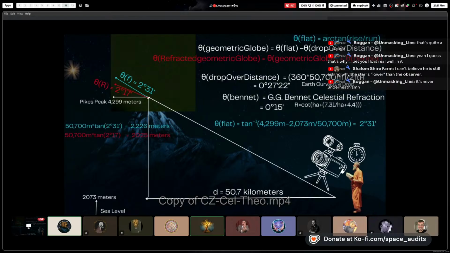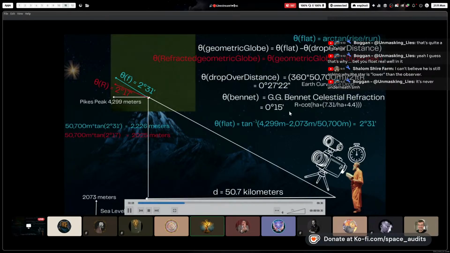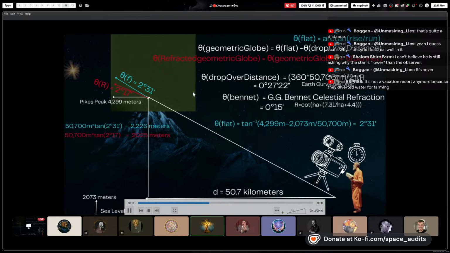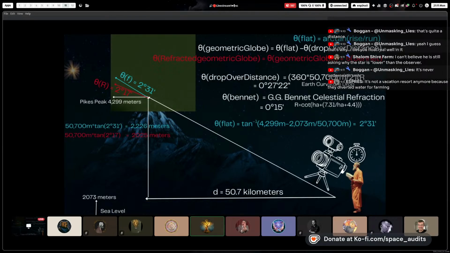There's got to be a reason why you can visually see it below you as an apparent position. Is that reason because of curved visual space? Is that reason because of refraction? Or is that reason why we can see it below our horizontal? In geometry, if something is below your horizontal, that means it is below your horizontal.